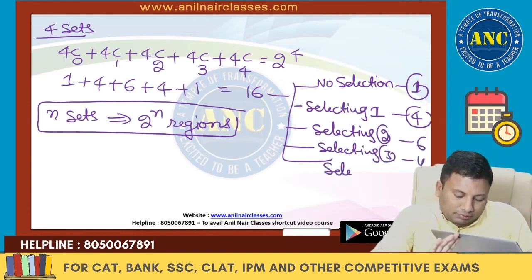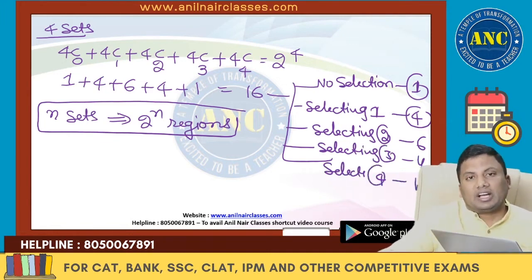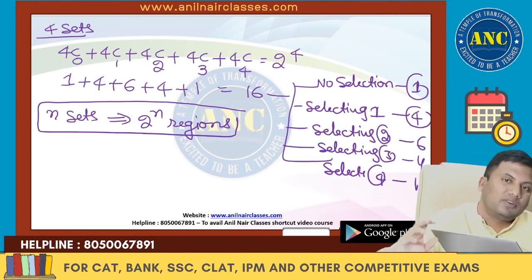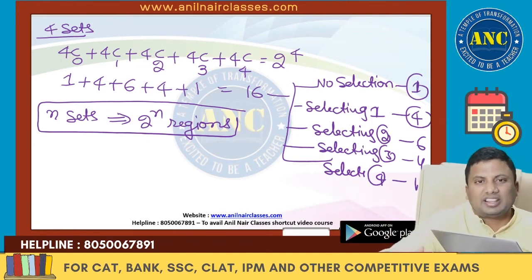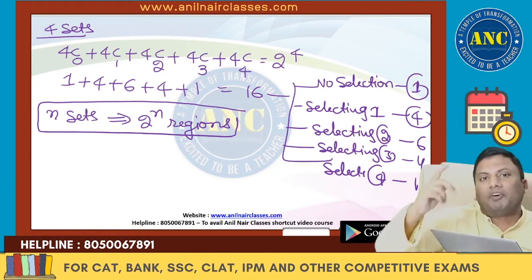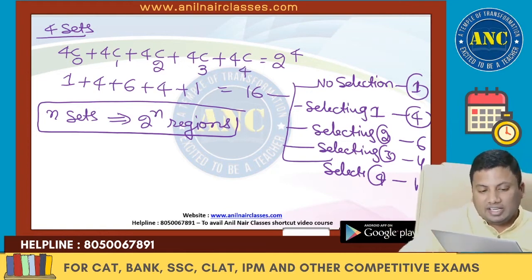Selecting 4, there will be 1 region. I hope it is clear. Only if you know this will you start solving 5 sets, 6 sets also. Otherwise you will stop at 3 sets and think this is only set theory. The kind of questions has changed, and the complexity of questions beyond a formula has increased tremendously.